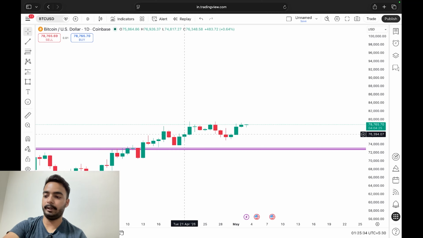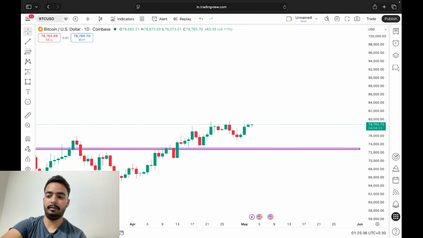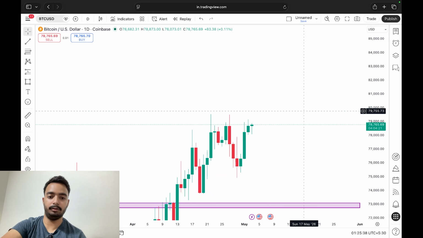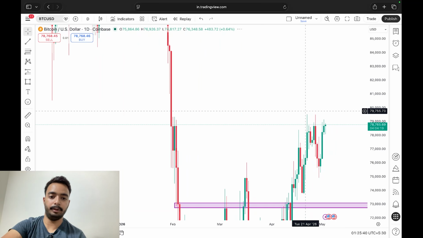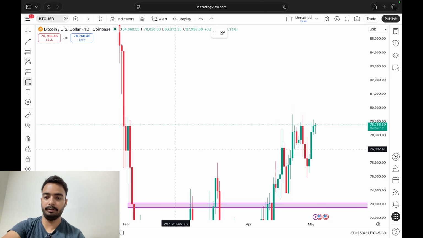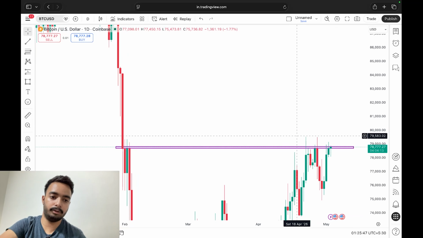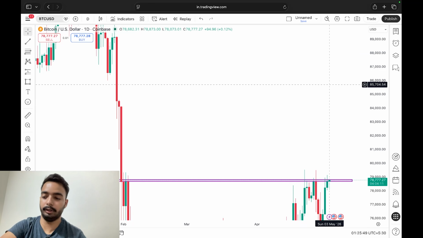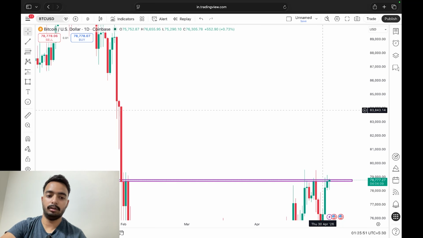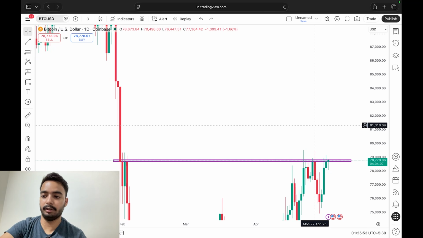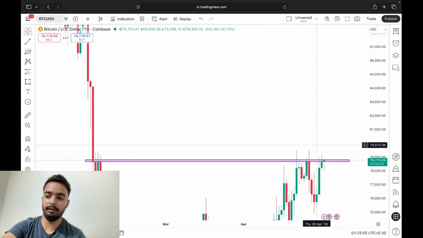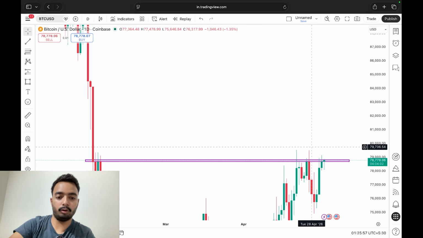On the daily time frame, price is currently near the resistance zone, and if it breaks this resistance, as I talked about before, we can see Bitcoin reaching the 90,000 level. So the buy scenario: if we see a clean breakout above this resistance, we can expect a strong move and price can push towards the 90,000 level.